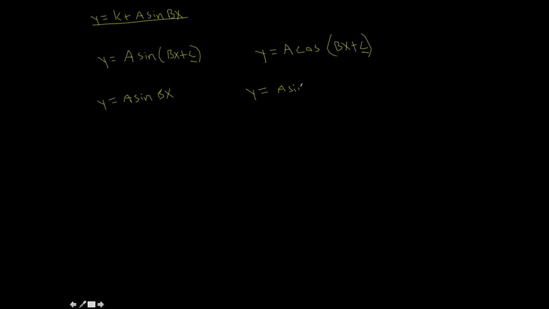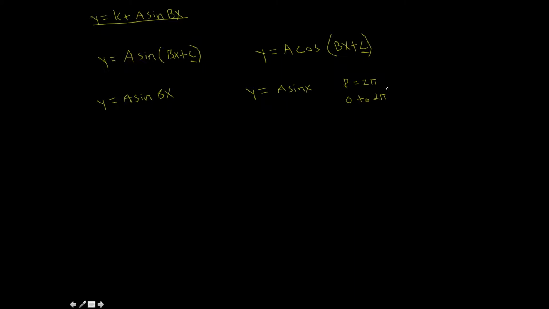A sine x. We know this has a period of 2 pi, and the beginning and the end of one cycle is generally 0 to 2 pi for that particular graph.